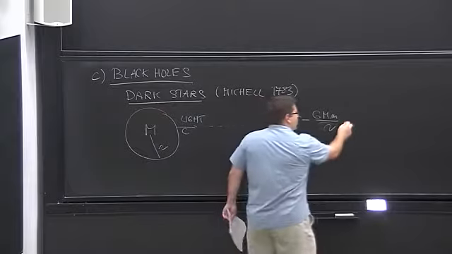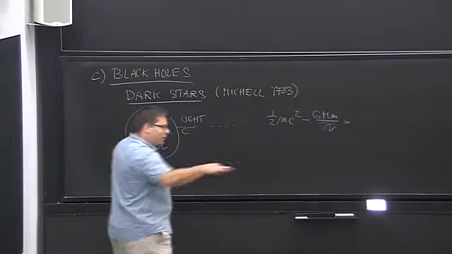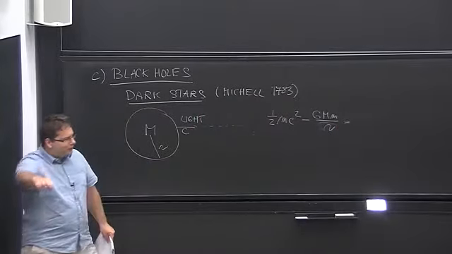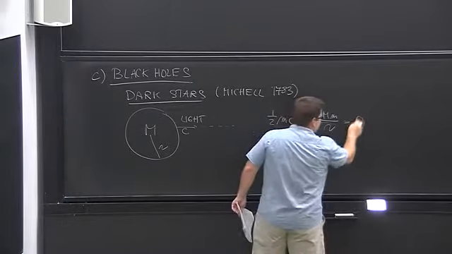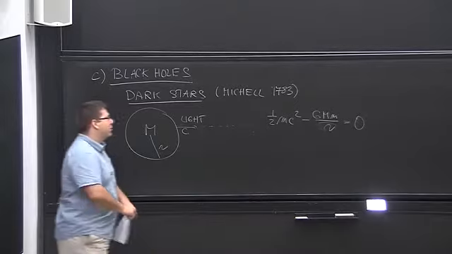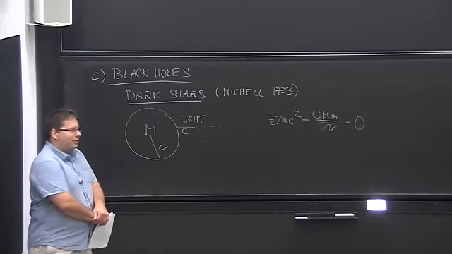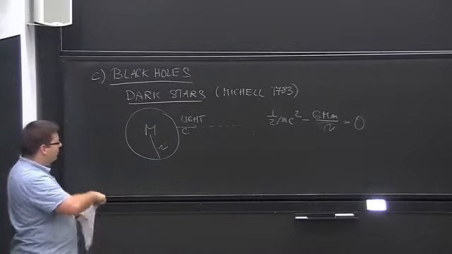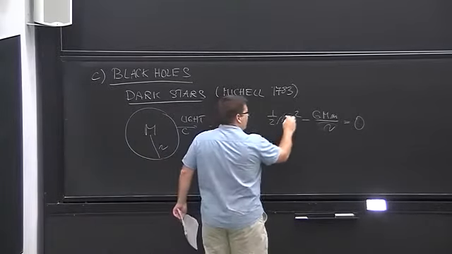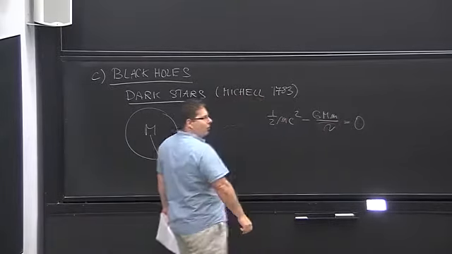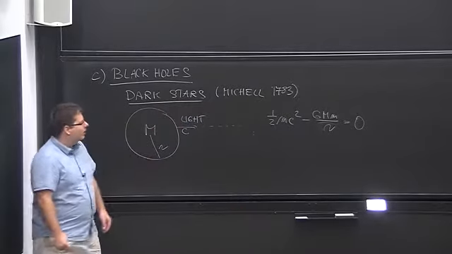Okay, and so if this were to escape just to infinity and it would stop at infinity, this would be equal to 0. So at infinity I have 0 gravitational energy and 0 kinetic energy, and so this would be 0. And from here, you can, of course, cancel m, and then you can solve for the radius of the star.